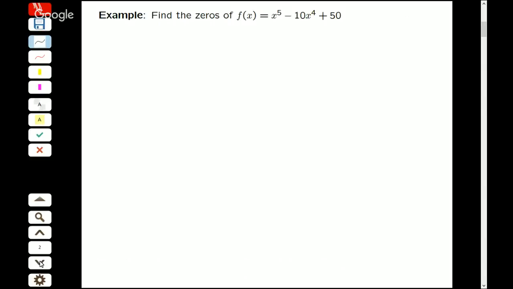The only thing I can do is guess values that are 0 and try and do long division. Quadratic formula works on a degree 2 polynomial. This one's a degree 5. Quadratic formula won't work. True. So, guess and check, doing long division is the only way we can do this. And we're going to get to how to do that in a little bit, but let's talk about long division.